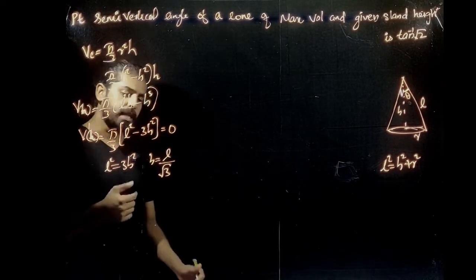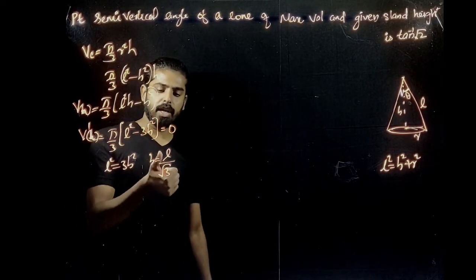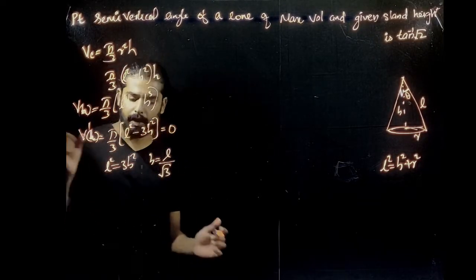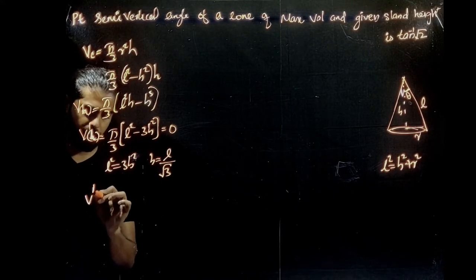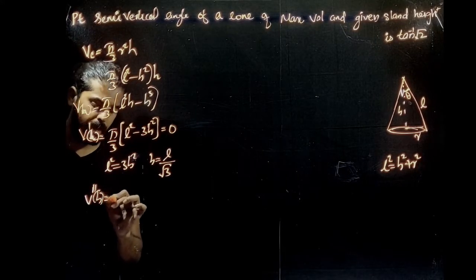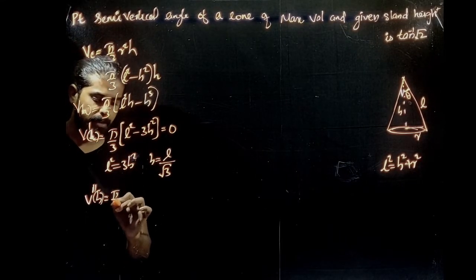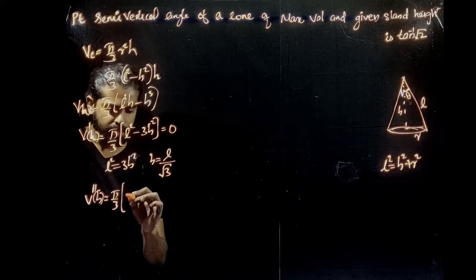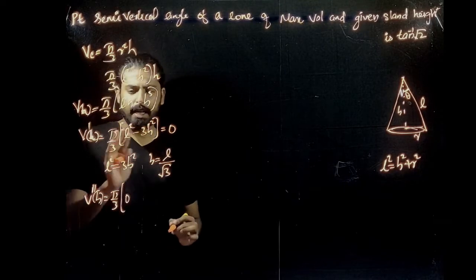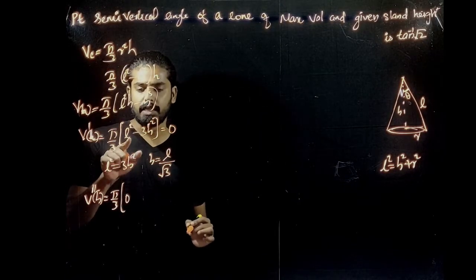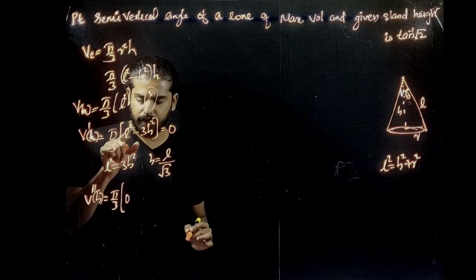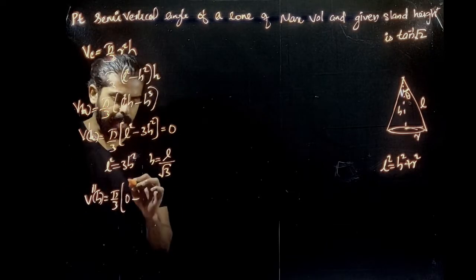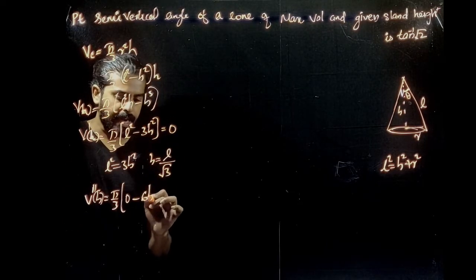We need to prove that h is equal to L by root 3 is the point of maximum. For that we go for the second derivative. V double dash h is equal to pi by 3 times the derivative of L square, which will be 0 since it is a constant and there is no term with h, and the derivative of 3h square will be negative 6h.